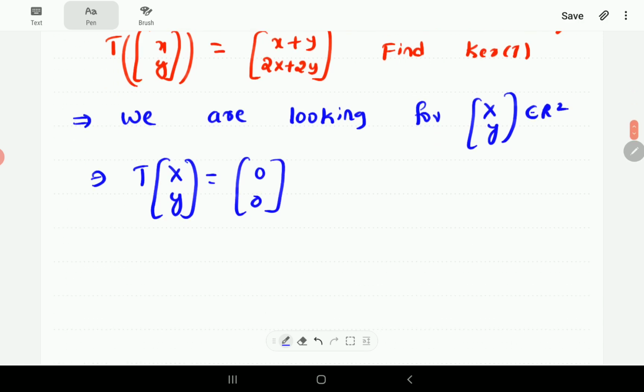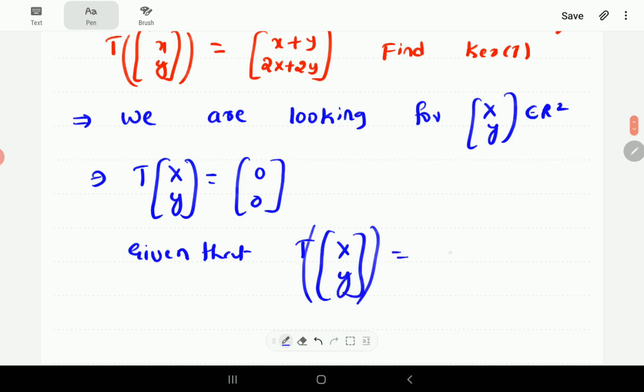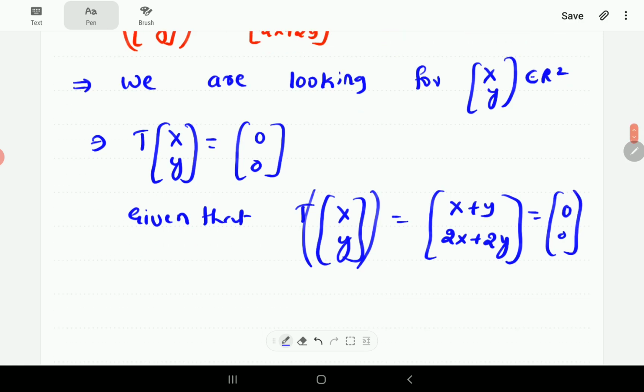But what is our T of (x, y)? It is given that T of (x, y) equals (x plus y, 2x plus 2y). So this should be equal to (0, 0). So equate these two.